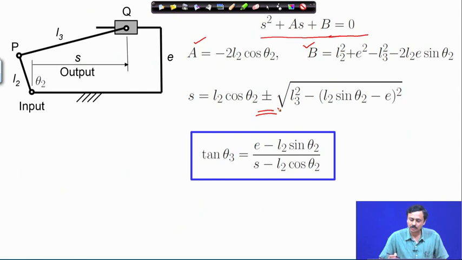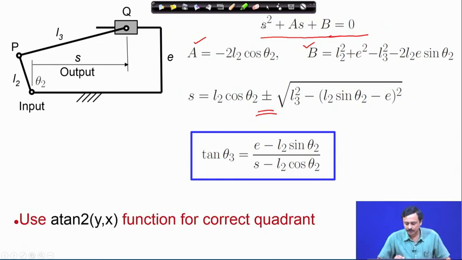Now, how to solve this? You need to consider the inverse of this tangent, and to calculate the angle correctly in the proper quadrant, you need to use the function a tan 2, which is there in all standard softwares and numerical algorithms or programs that you use for computation.